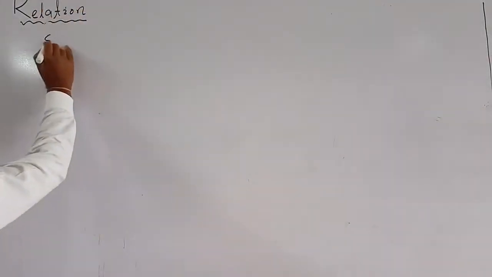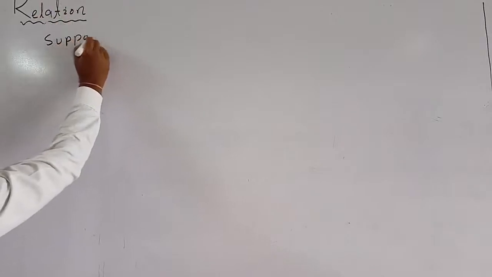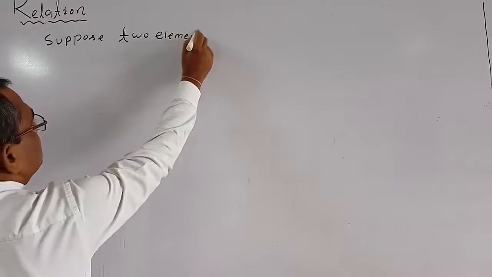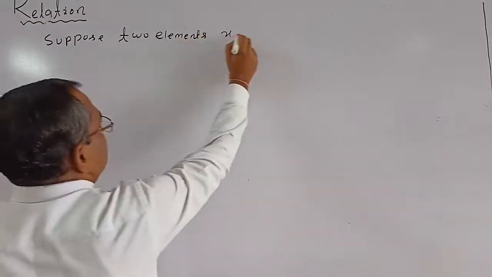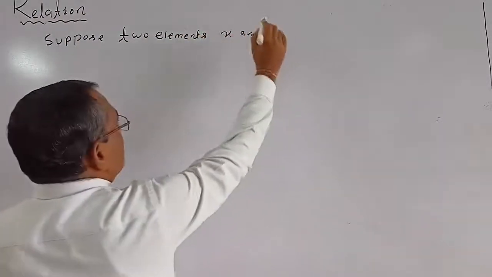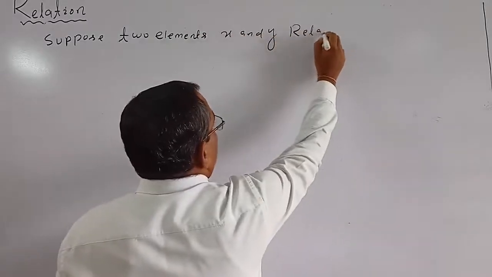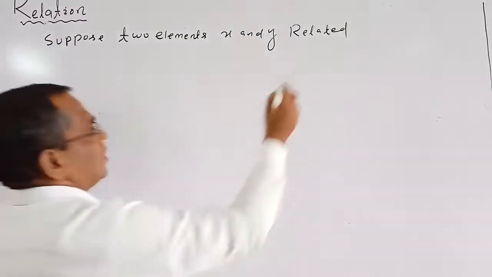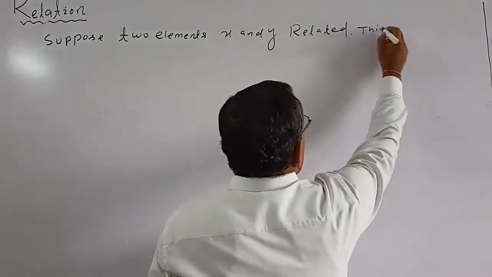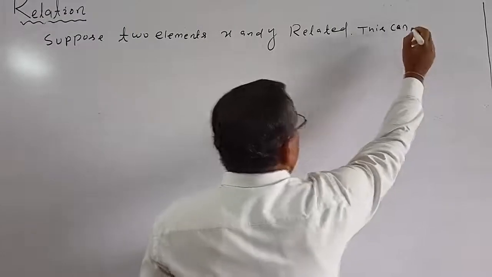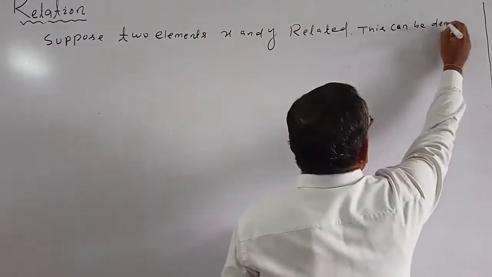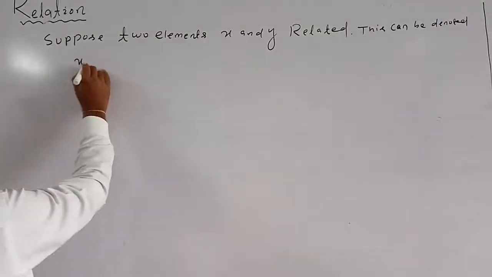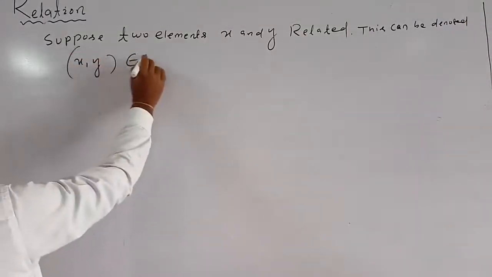Two elements x and y related, x related to y, this can be denoted (x, y) belongs to R. What is R?